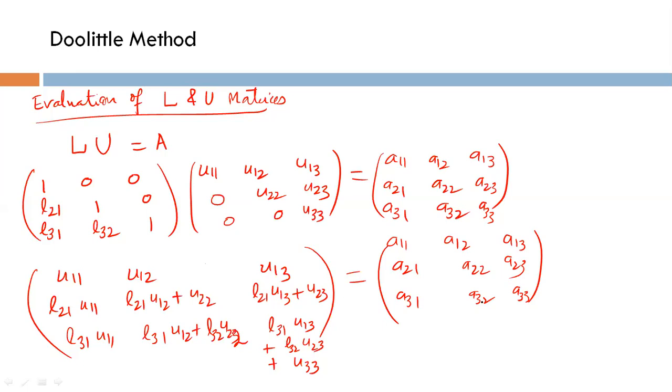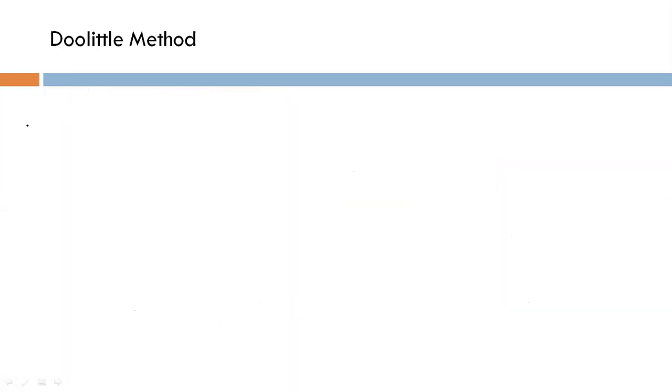One important remark I want to add here. There is a very small difference between Doolittle and Crout method. I will discuss that in Crout method also, but I am going to write a remark here.